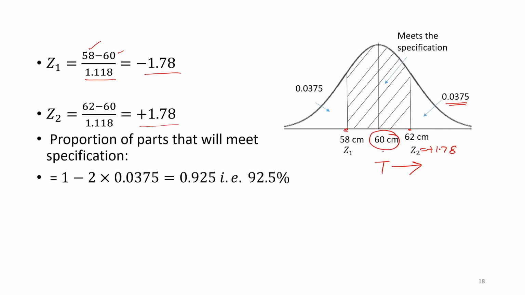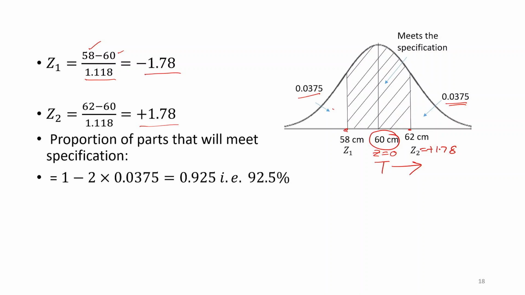Because in Z scale they are the same. In Z scale, here at the center Z is 0. On this side it is 1.78. On the other side also it is minus 1.78. So this area will also be equal to 0.0375. So both side areas will be 0.0375.